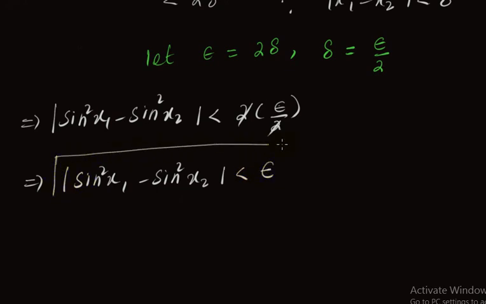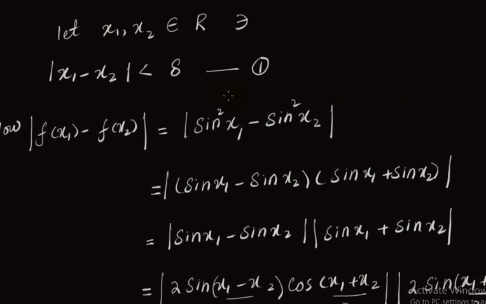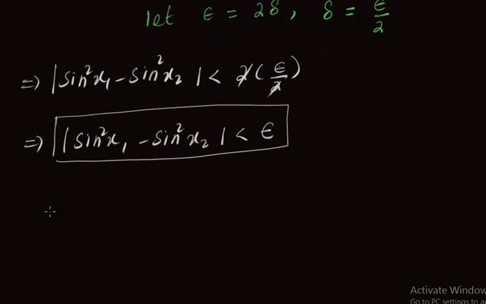Now for any epsilon greater than 0, we have a delta greater than 0 such that whenever mod of x1 minus x2 is less than delta, then mod of sine square x1 minus sine square x2 is less than epsilon.